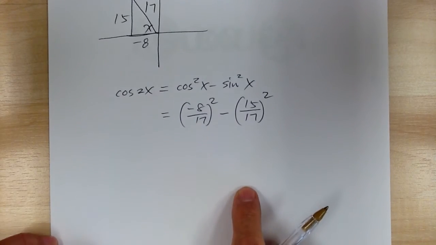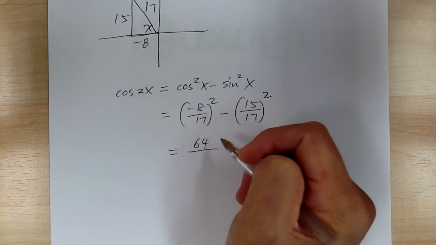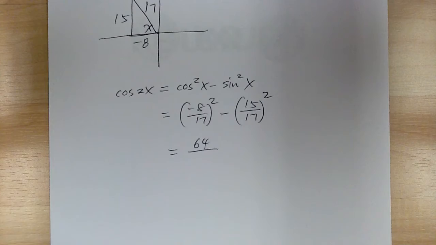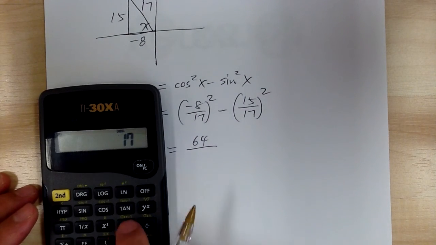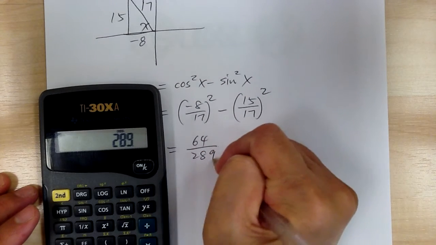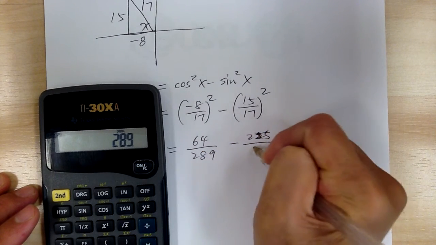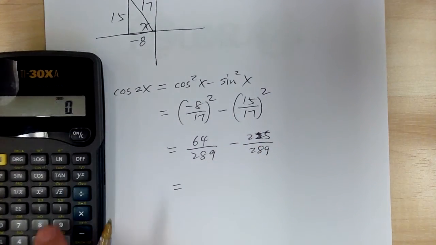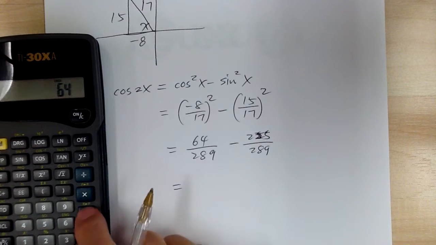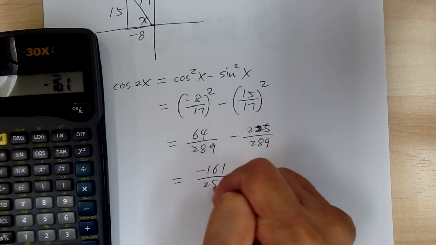So that's what that is. So this is going to equal 64 over, so you have to get your calculator, 17 squared, so 289, minus 225 over 289. And so this will equal negative 161 over 289.